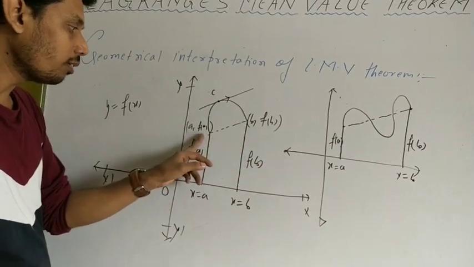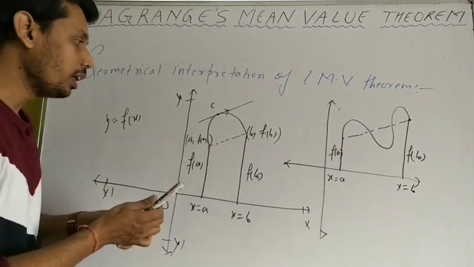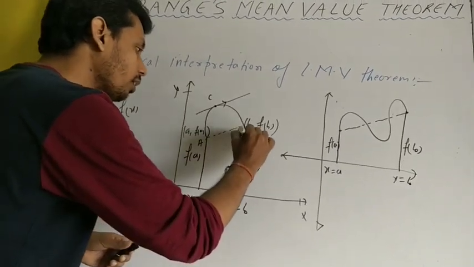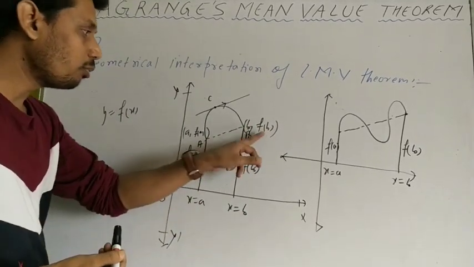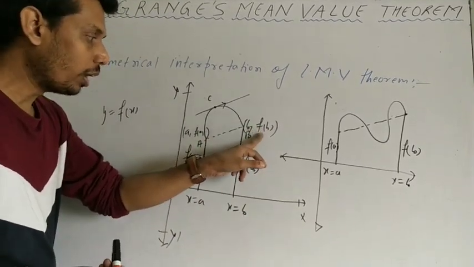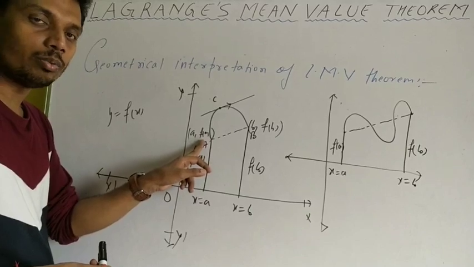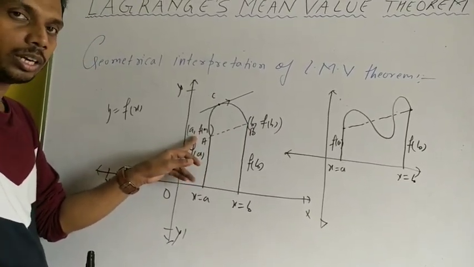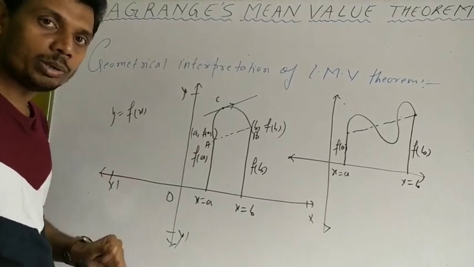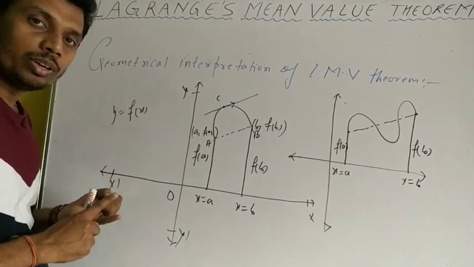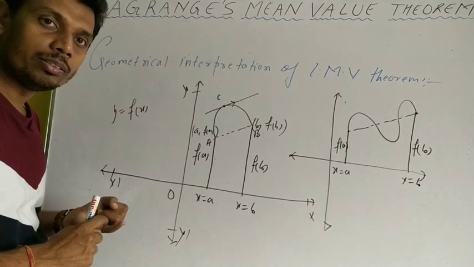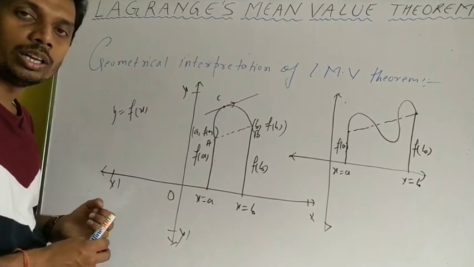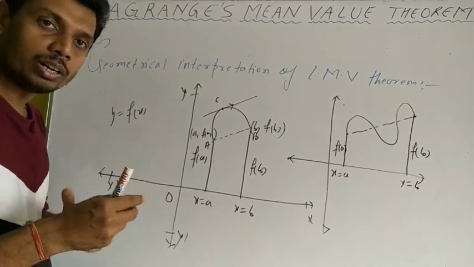So fb minus fa means what? See, if we name this chord as AB, fb minus fa, that is y2 minus y1, difference in y coordinate, by b minus a, that is difference in x coordinate. And from coordinate geometry, we know that difference in y coordinate upon difference in x coordinate is the slope of a line.